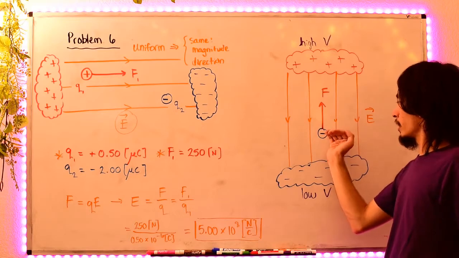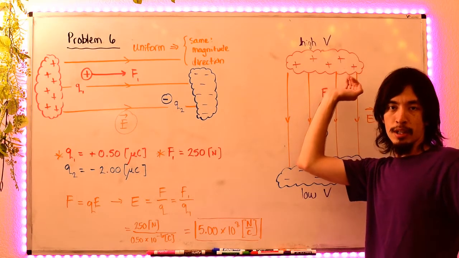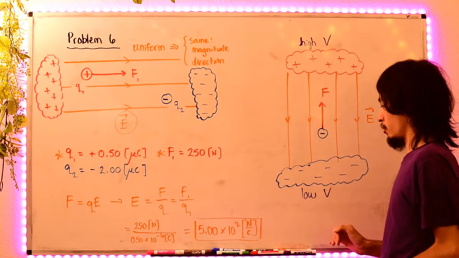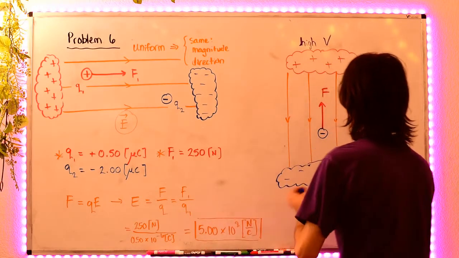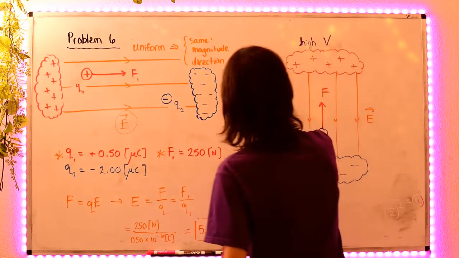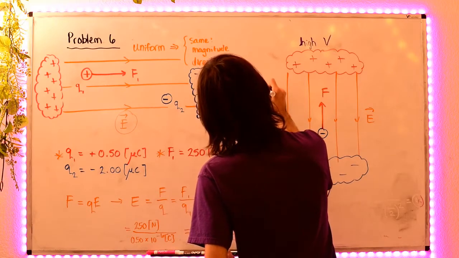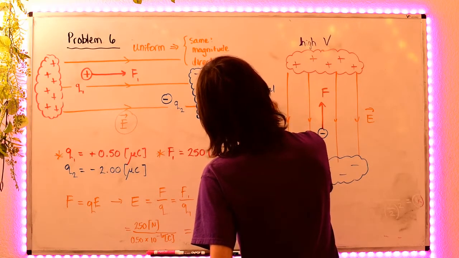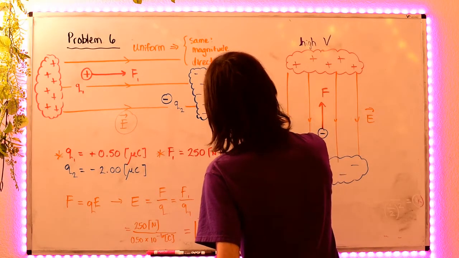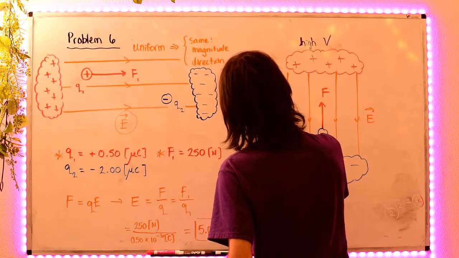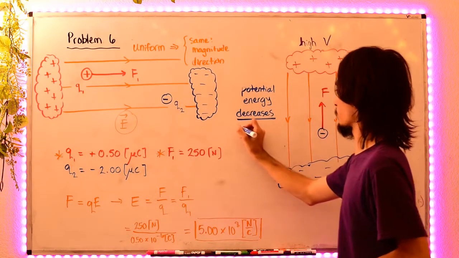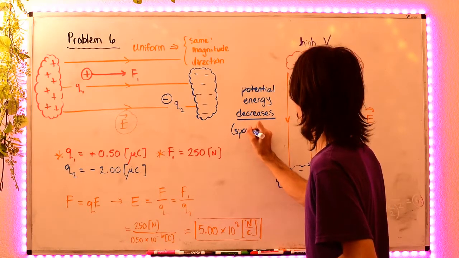It will naturally lose potential energy because it happens on its own. You're not forcing it to do anything. So we have that the potential energy decreases because this process is spontaneous.